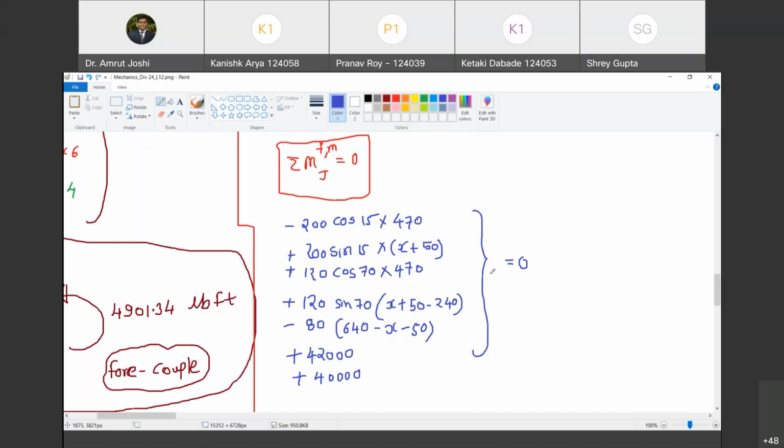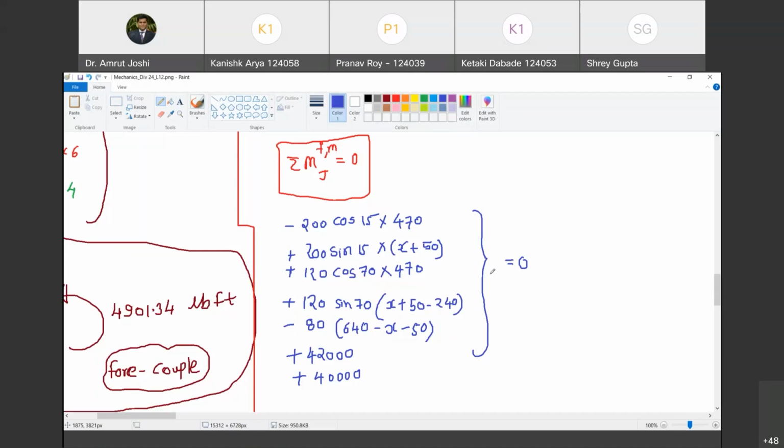Alpha x plus 50 minus 240. That's bracket complete. Minus 80 into bracket 640 minus alpha x minus 50, plus 42,000, plus 40,000.